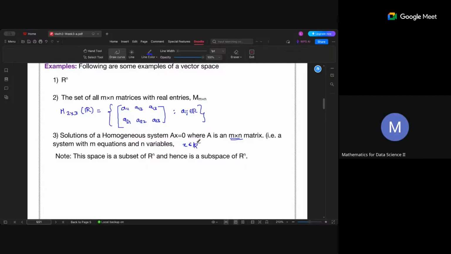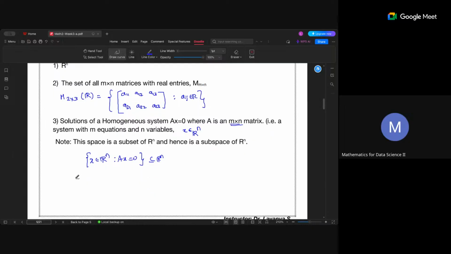So X is a vector from Rn. So the set of all X in Rn such that Ax equals 0 is a subset of Rn.